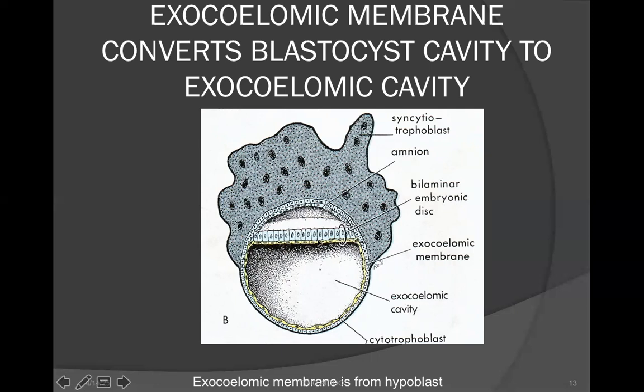Your bilaminar disc is there with epiblast and hypoblast, and then now the amniotic cavity has become larger, as you can see, with its amniotic membrane also covering it at the roof. So that is what you see here. So more or less, the epiblast is forming the floor of the amniotic cavity, okay, the epiblast.